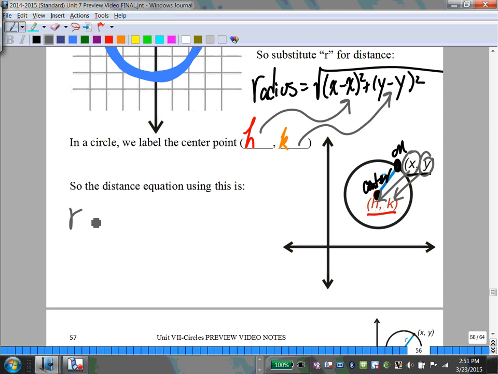Ready? So we have radius equals a giant square root of x minus h squared plus y minus k squared, all under the square root sign.